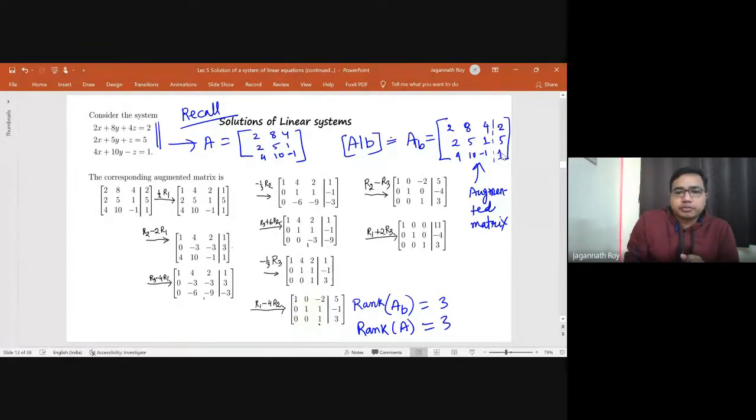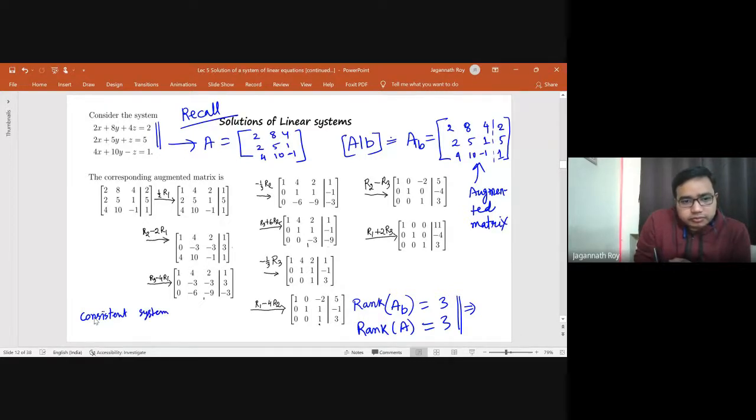Okay. So if we have these situations, then we say the system is consistent. If you remember, a system is said to be a consistent system if it has at least one solution.